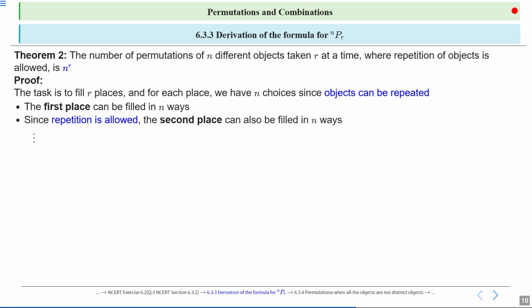This pattern applies everywhere, that's why we have used dots here, and let's continue this process. Finally, the rth place can also be filled in n ways. So for each place we have n choices.